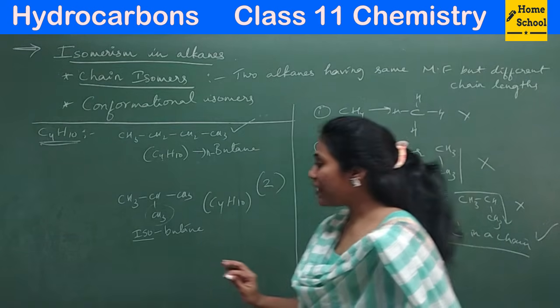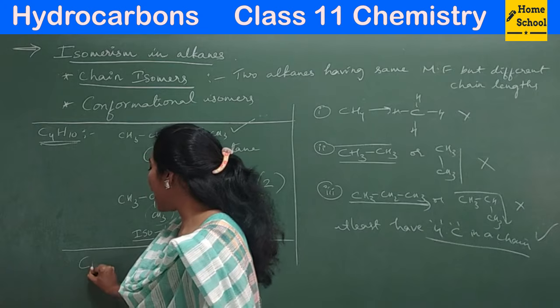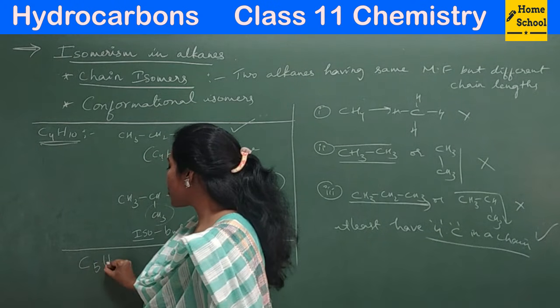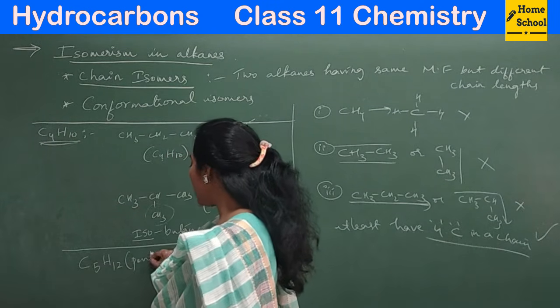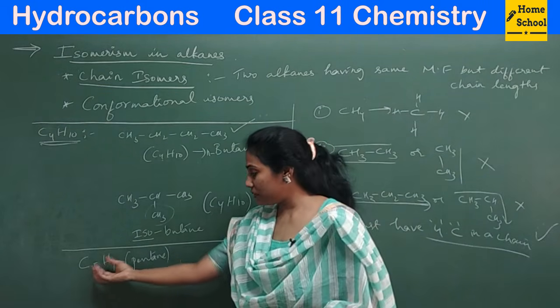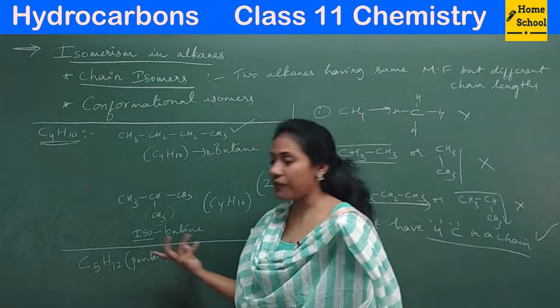So if I ask you a question, how many isomers are possible for the alkane which has the formula C5H12, that is pentane? So pentane shows how many chain isomers? How many ways can you write this pentane? How many different structures can you show for this C5H12?